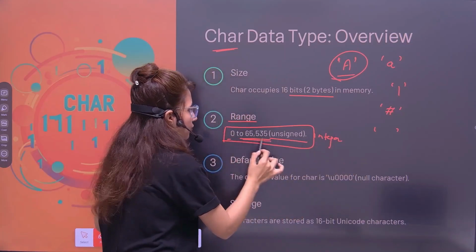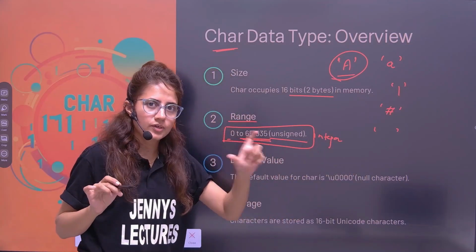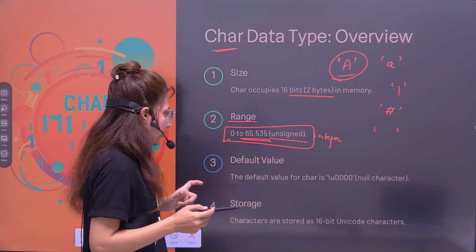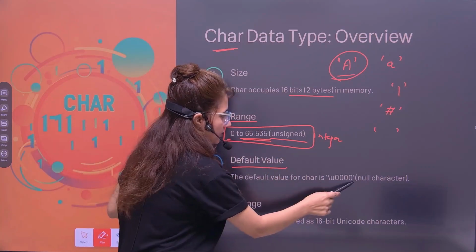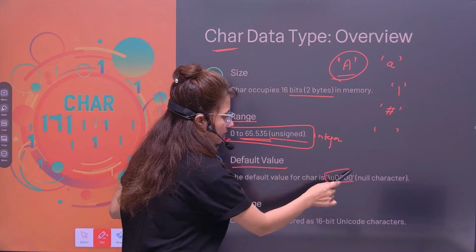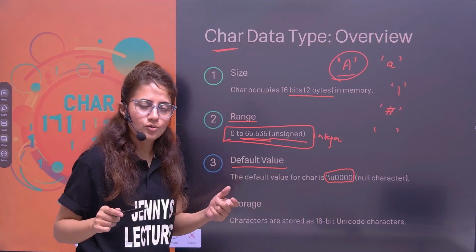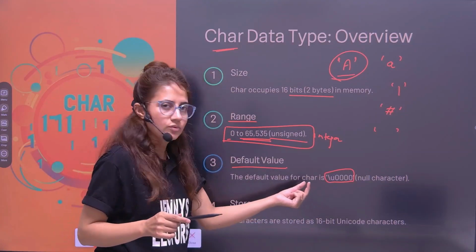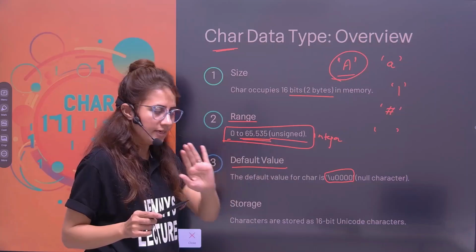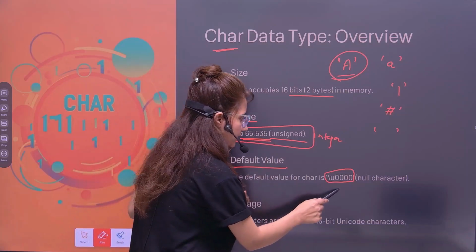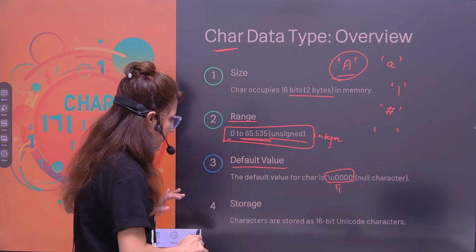This is the range of the char data type. The default value is this, it is something like Unicode, and U stands for Unicode encoding. But let's just hold this point here.